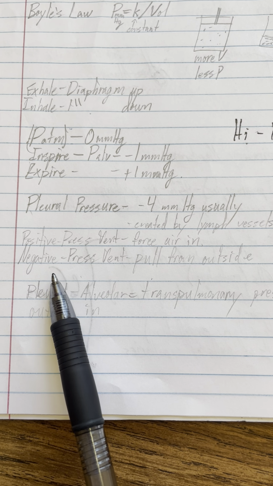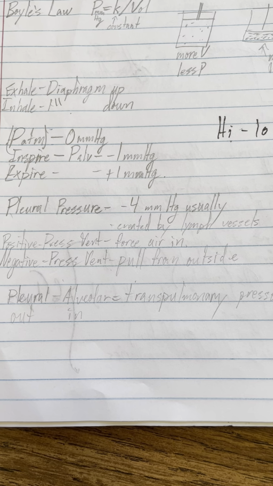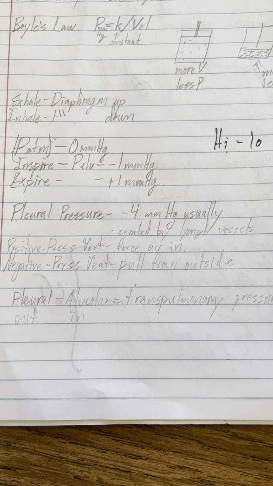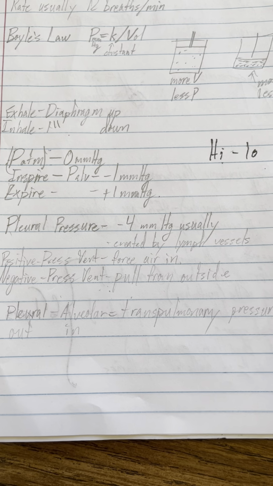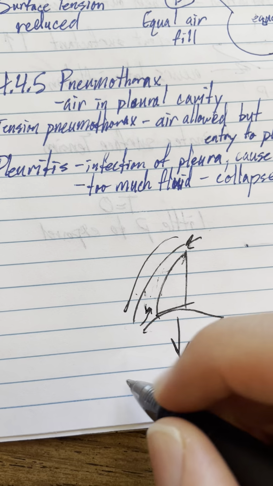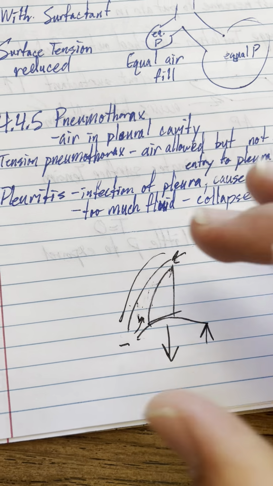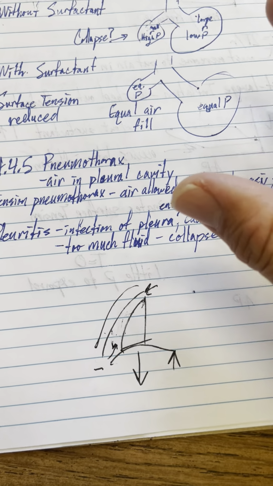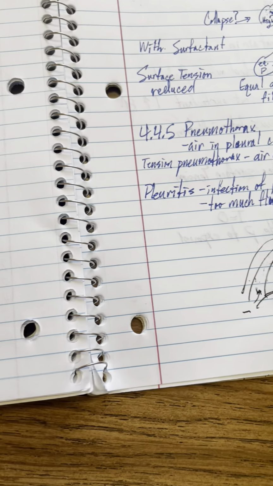So if we want positive pressure ventilation, we're going to force air in. We're going to cause a high pressure outside, low pressure inside. Negative pressure ventilation, we actually make the pleural cavity more negative, and that's going to pull our lungs out, decreasing the pressure inside the alveoli, and thus air is going to flow in.